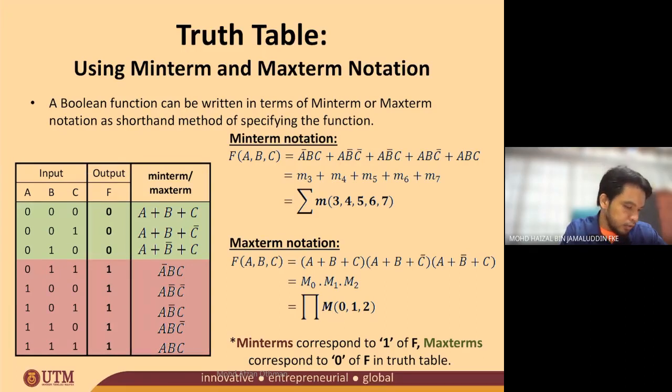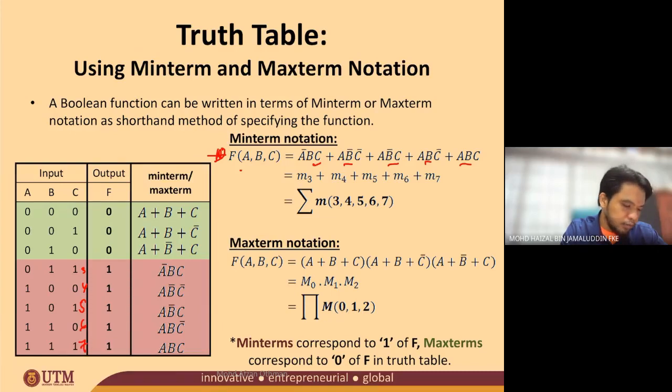So this equation, for example, the min term, F(A,B,C) is equivalent to, so you have all the 5 min terms, and actually you can represent it with a small m. So A bar B C is actually, okay, so this is 3, 4, 5, 6, 7.